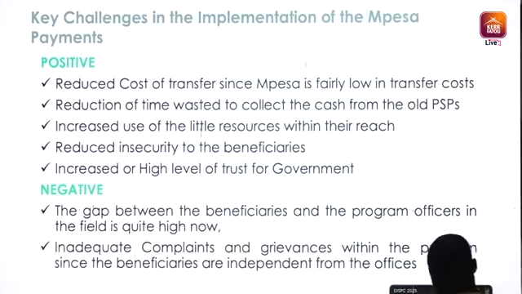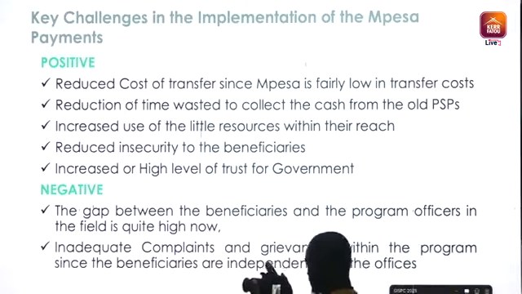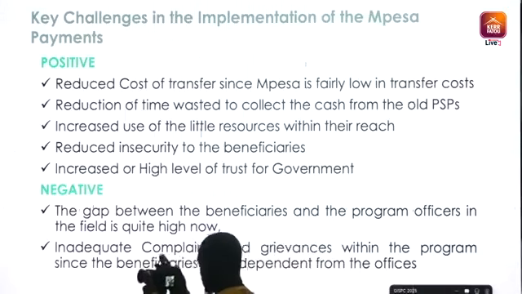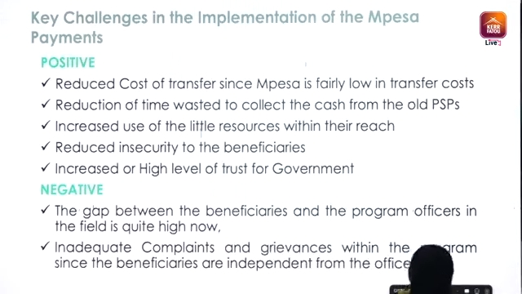Number two, reduction of time wasted in collecting of data, because all the money comes to you at the comfort of your place. And number three, increased use of resources within their reach. And number four, reduced insecurity to the beneficiaries, no muggers, no crooks, no in between and the rest, unless it is your relative who you gave the PIN and you gave the phone.